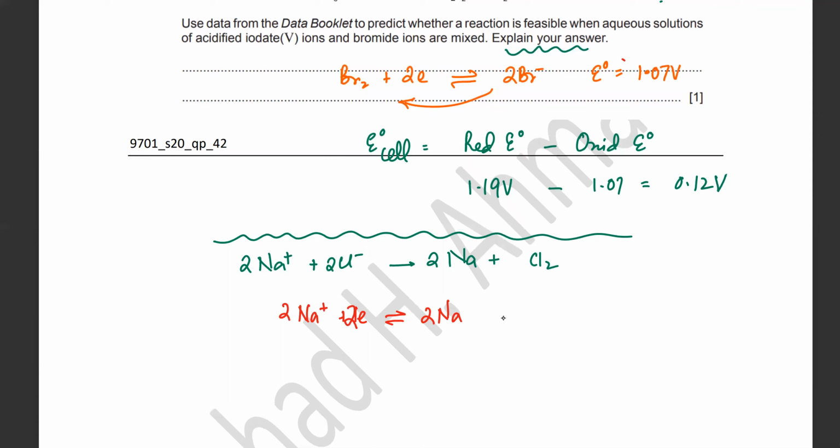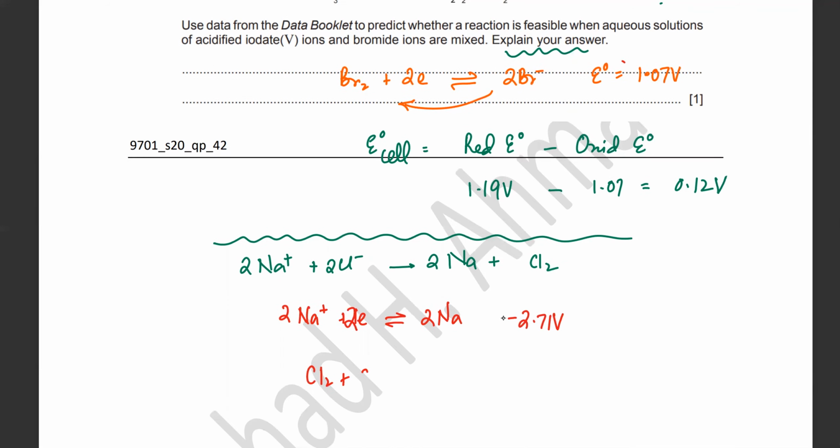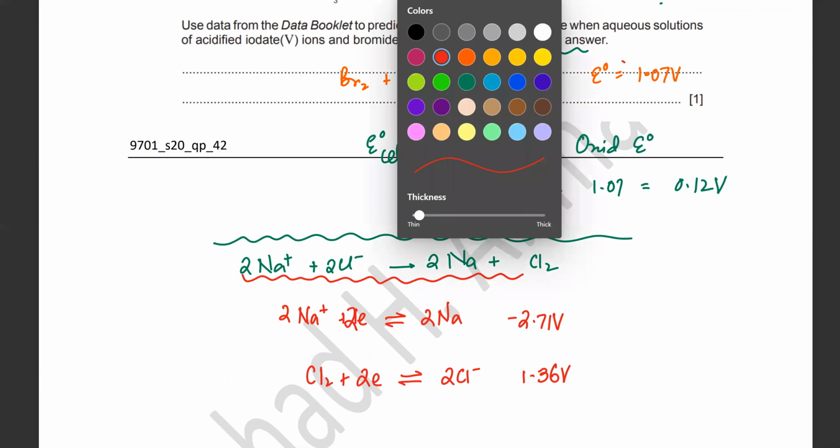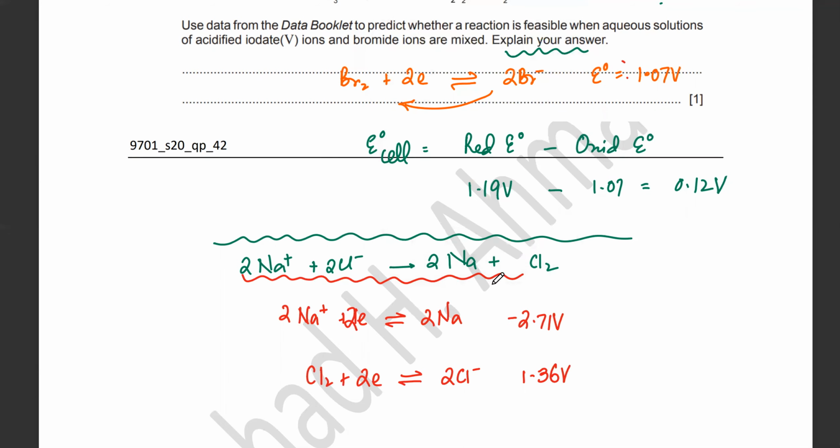This is minus 2.71 volts. The other one is the chlorine electrode, which is Cl2 in equilibrium with 2Cl-1. This is 1.36 volts. Now, if you focus on the equation that I've mentioned, I want Na+1 to form Na, right?